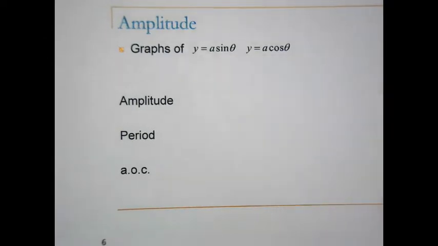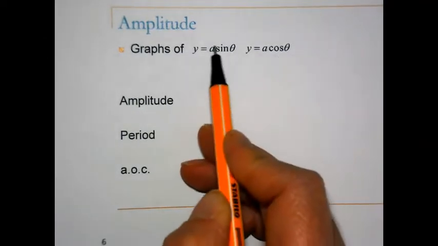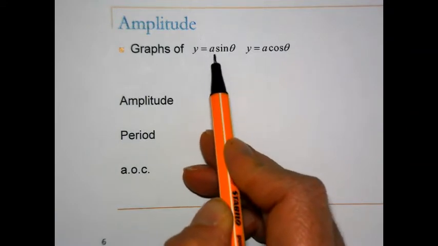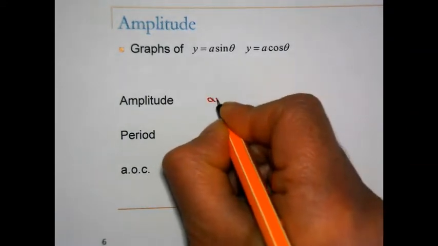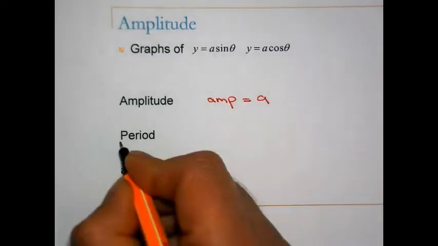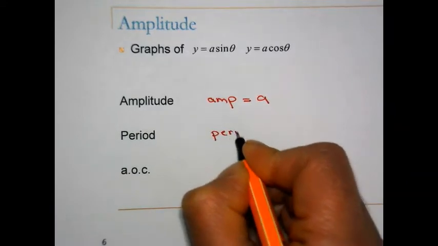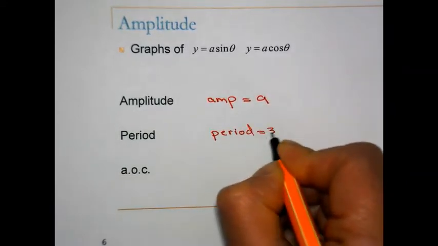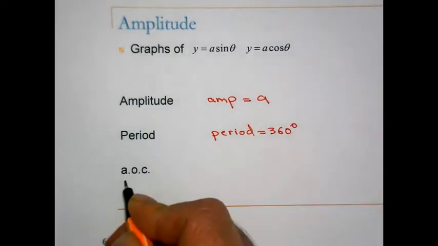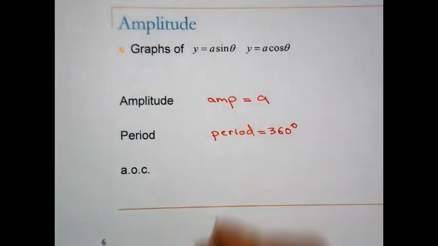Which means that if we have our basic sine and cosine function and it is multiplied by a, the amplitude will be equal to a. The period did not change, so the period will stay the same, which is 360, and this did not have any effect on our axis of curve.